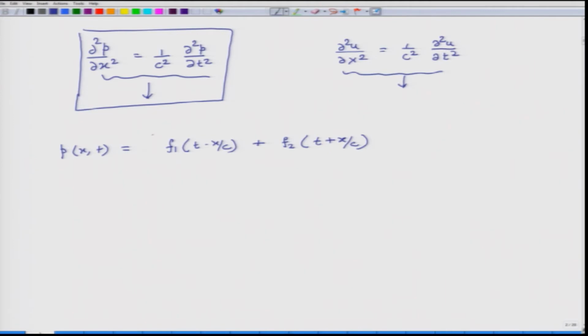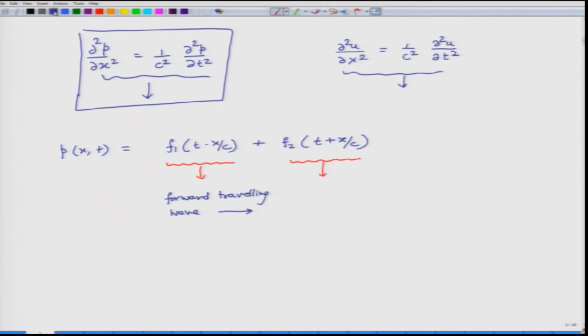Now, if you recollect, f1, which depends on t minus x over c, is a forward traveling wave. So, it is moving in the positive x direction, and f2 is a wave which is moving in the negative x direction.